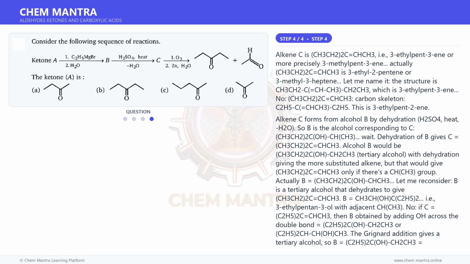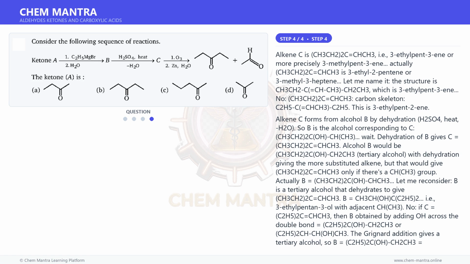So A plus C2H5MgBr gives B, which has three ethyl groups on the carbinol carbon: (C2H5)3COH, triethyl carbinol.